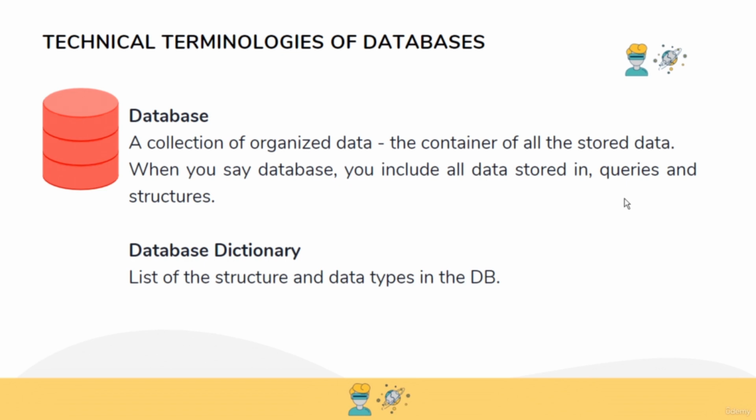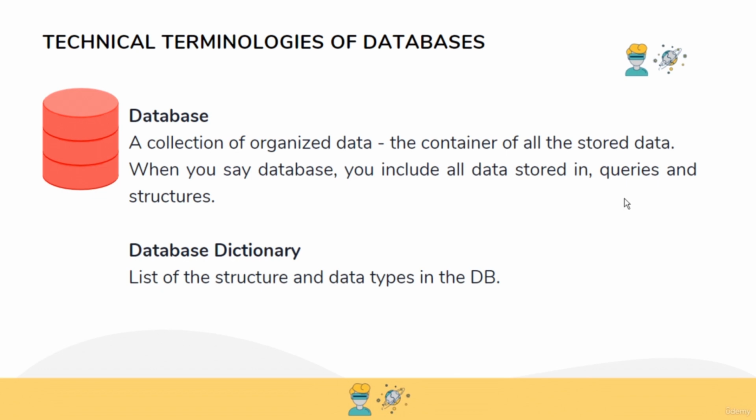In the database. Facebook servers have a database to contain all our data. So the Facebook database is the container of all our stored data. The posts, the comments, the likes, and whatever you do that is stored on their site.